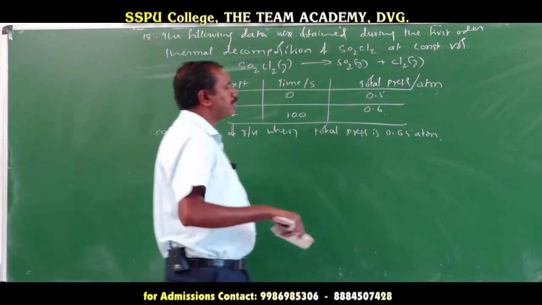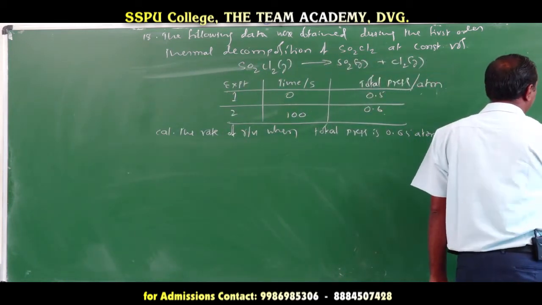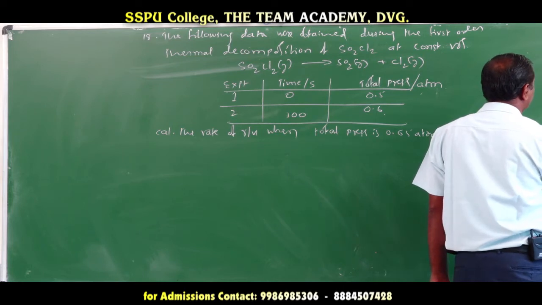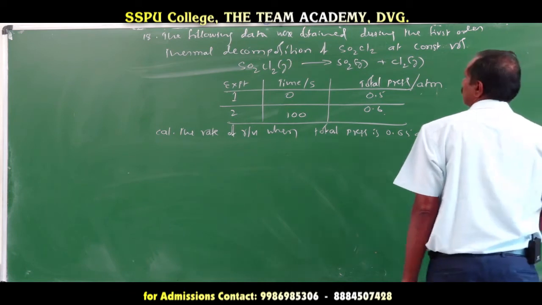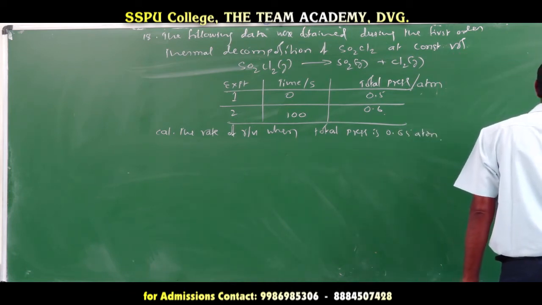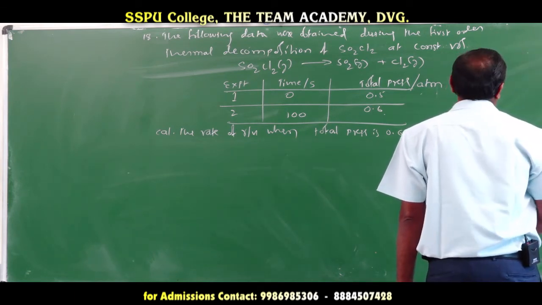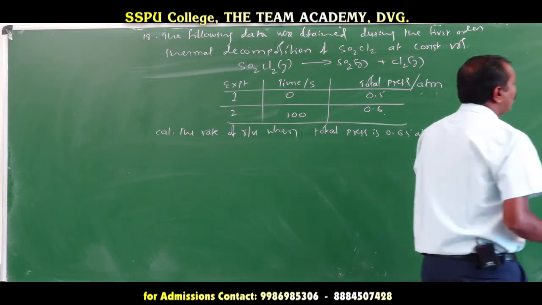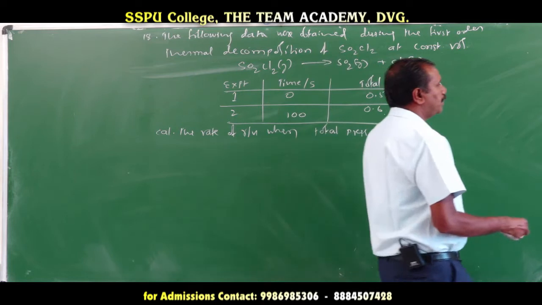Rate of reaction can be calculated where rate equals K into the molar concentration of SO2Cl2. Okay, so first order means rate equals K into SO2Cl2 to the power 1.